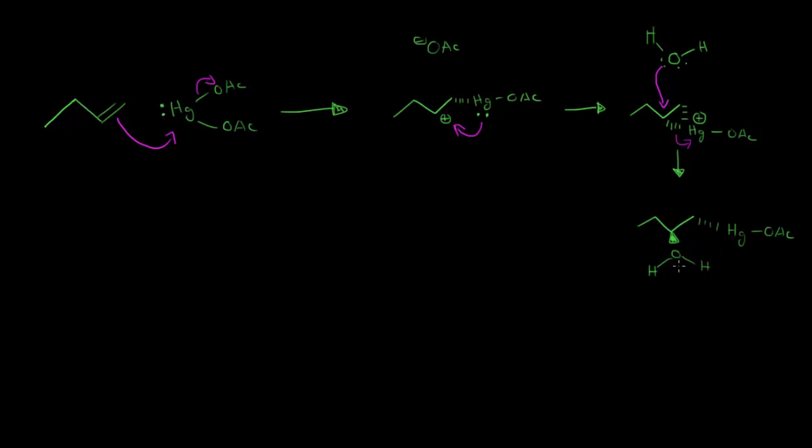So now we have this here, and remember there's a positive charge here now because oxygen is bonded to 3 different things. So how can we remove this positive charge over here? Well, remember we made acetate ion here, so what can simply happen is this acetate ion can simply deprotonate one of these. I have to remember to keep switching these colors to be consistent.